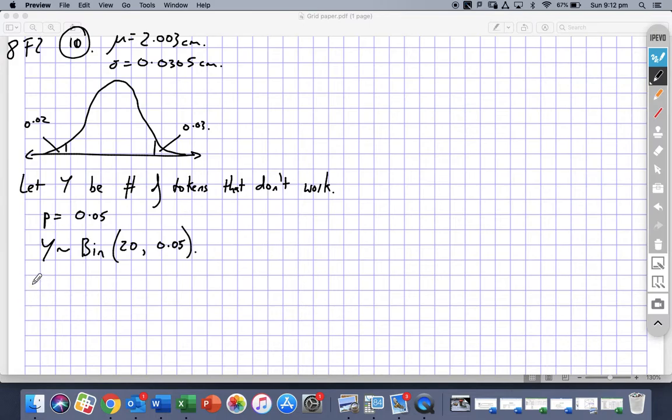Now the question's asking about the probability that at most one token does not work. At most one means this: you've got 20 tokens. The probability that none of them fail, the probability that one of them doesn't work, the probability that 2 of them don't work, and so on, all the way up to the probability that all 20 don't work? Could be tiny.